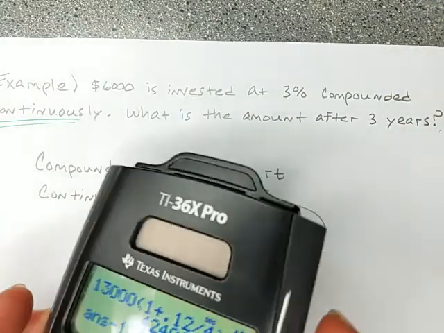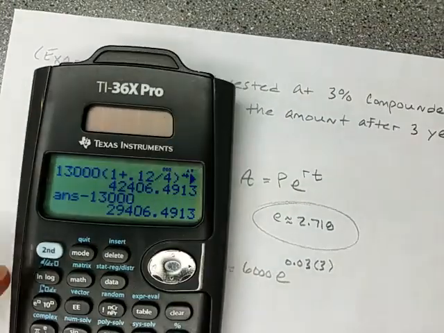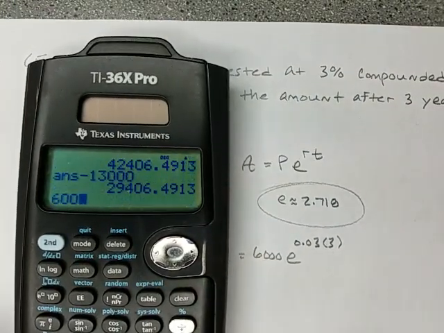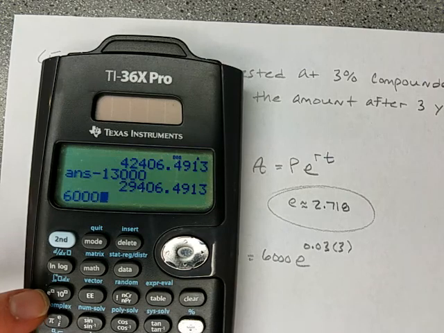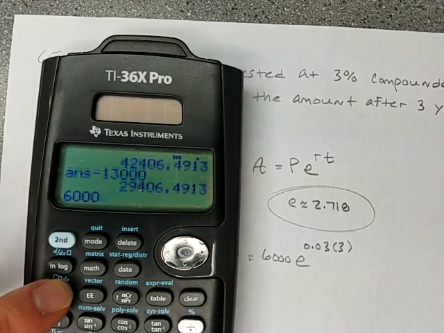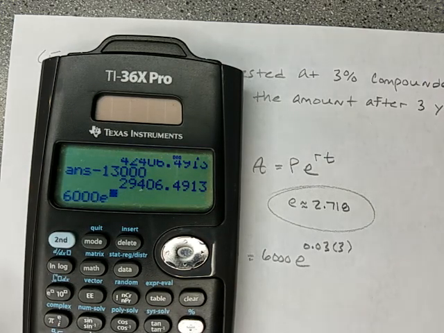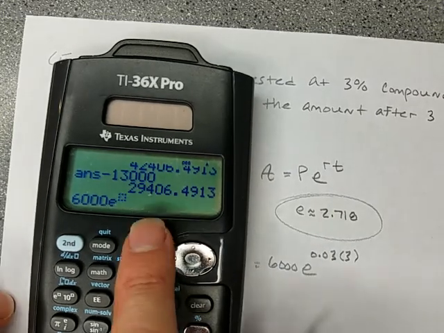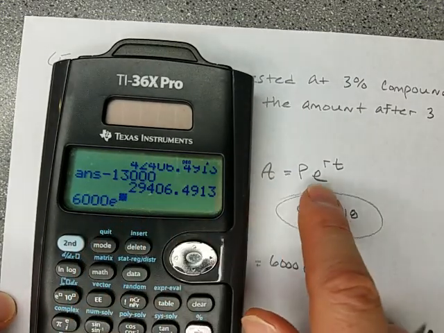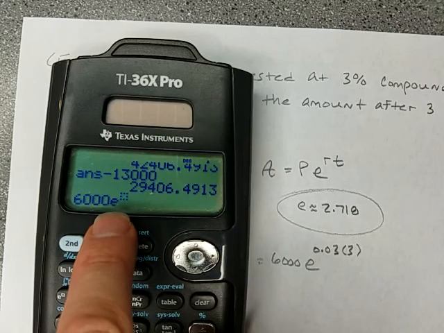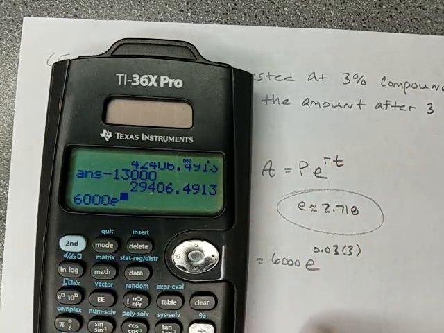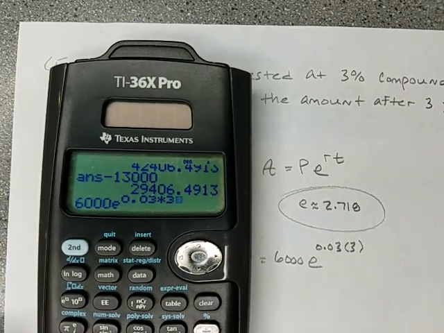Now here's how this is going to look going in here. So I want 6,000. And then remember I told you I've got this button right here. So here's how I do it on mine. There we go. 6,000 times e. And it expects me to type the power in because that's normally how this number is used. So 0.03 times 3, right? There's my power. That's what you see on paper.